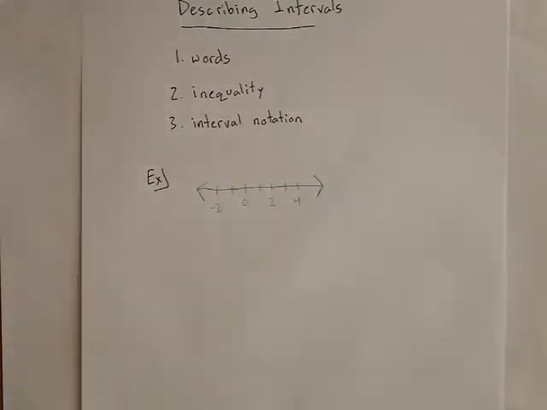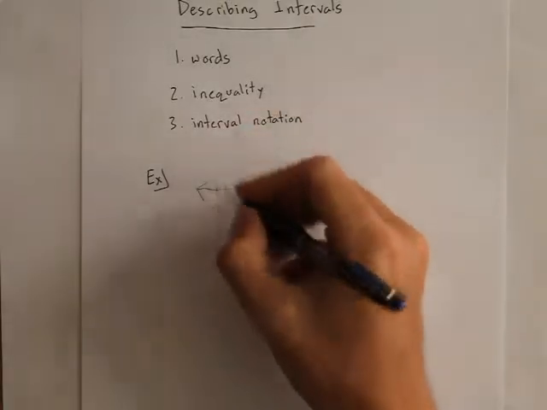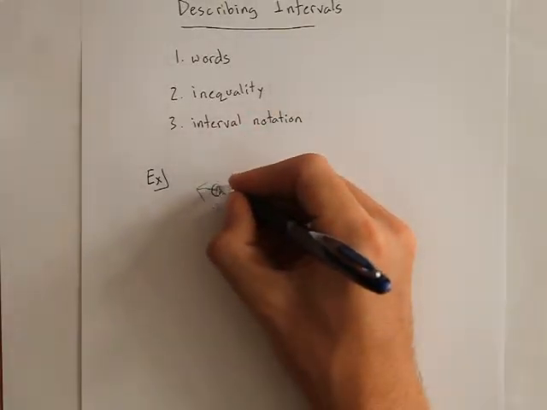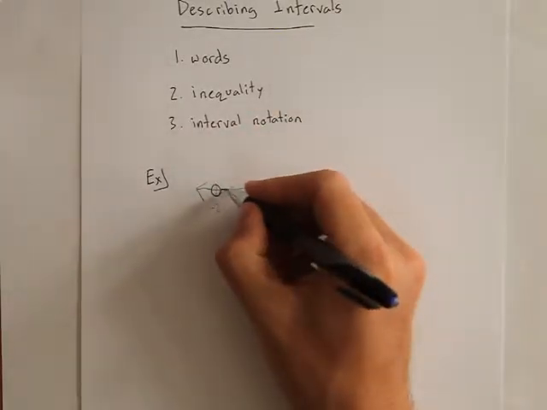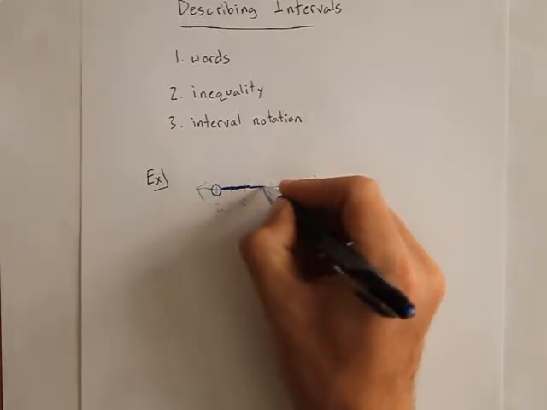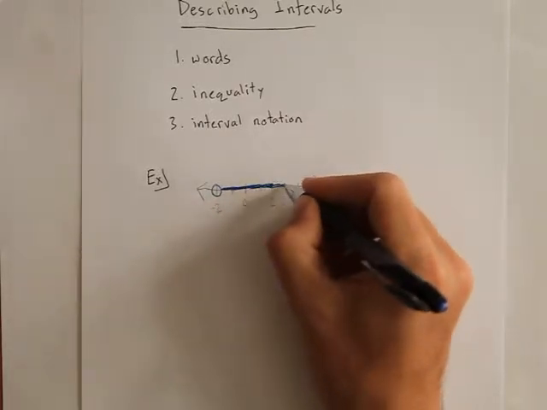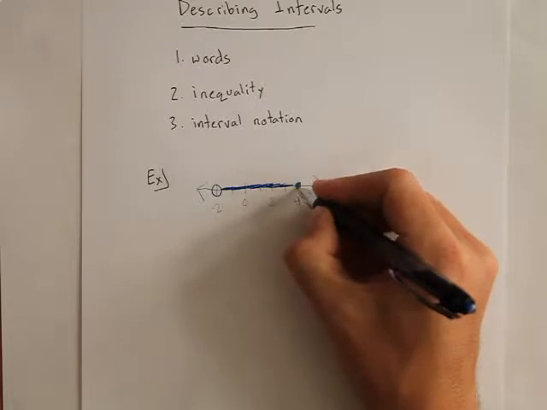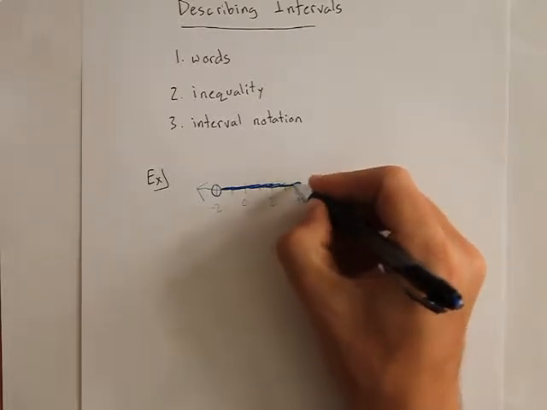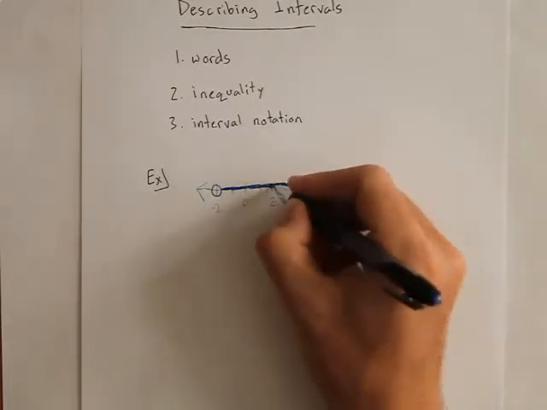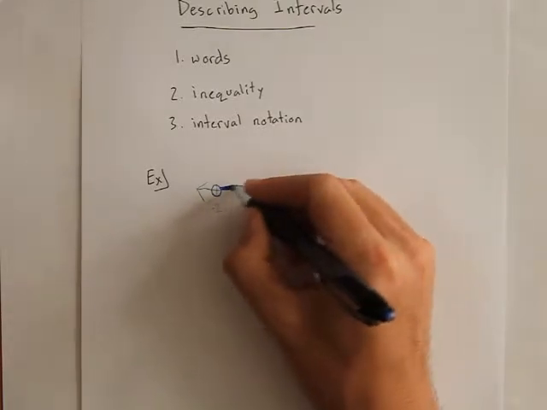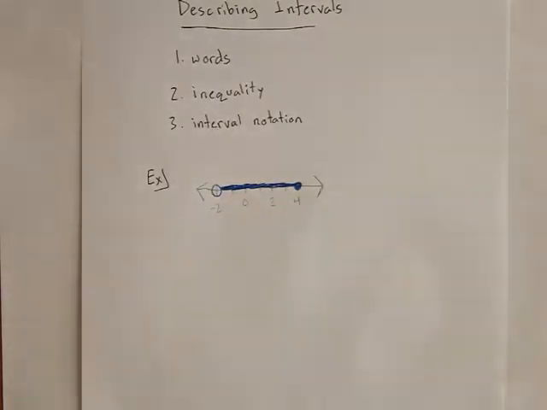Okay. Here's what we're going to do. Let's go open circle on -2, and let's shade in all the way to 4. I know this takes me a second to draw in. Alright, so suppose I had that interval. I wanted that set of points.